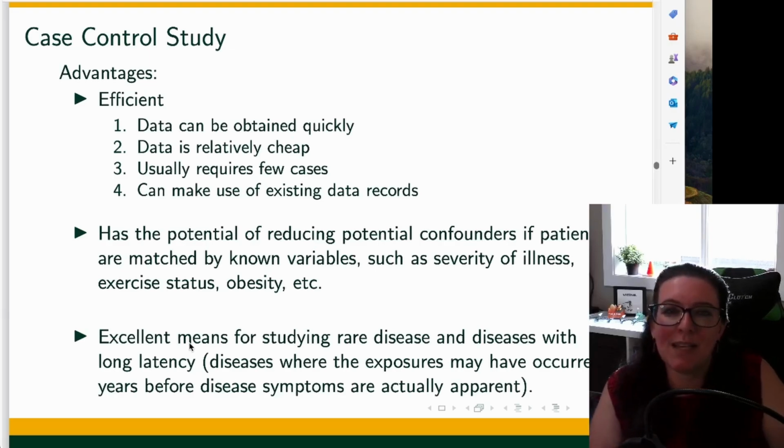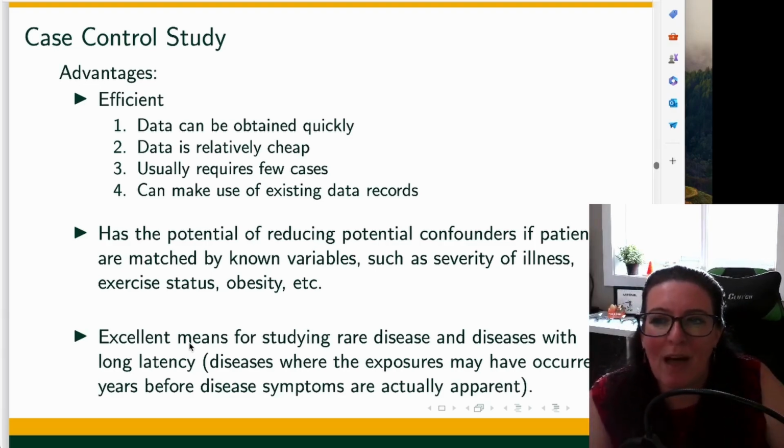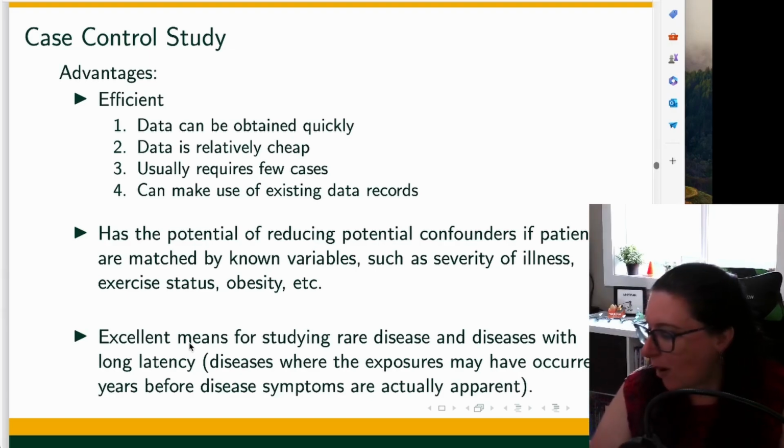And it can be used in cases where you would never want to give someone that particular exposure, right? We don't want to give someone lead and see what happens. So it's a way to measure those where we would not want to inflict on anyone the particular ailment that we think is the explanatory for some response.